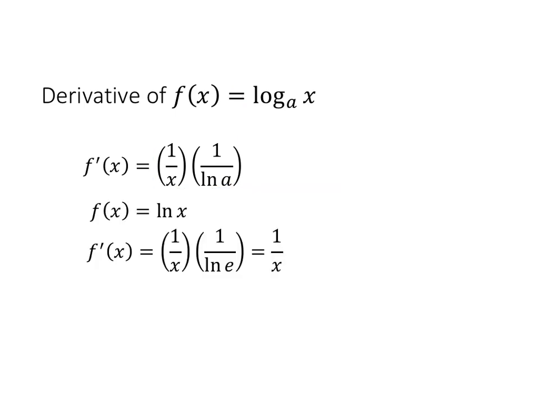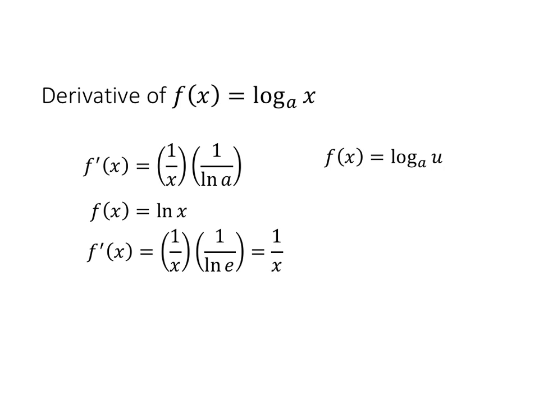And again, if we go back to our special case where we had the natural log of x, if we use this definition, we're going to have 1 over x times 1 over the natural log of e. Well, the natural log of e is simply 1, so as we stated earlier with the special case, the derivative of natural log of x is simply 1 over x.